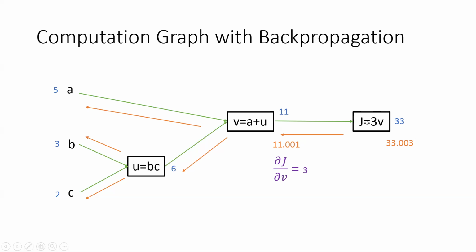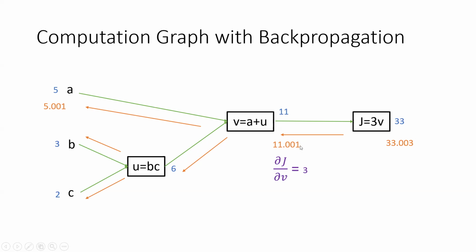Now we can move to the other nodes in the back propagation. Let's move to this node. We have increased this 5 by a little amount, 0.001. Then the value of V would be A plus U, where U is 6. So A plus U is 5.001 plus 6, which is 11.001.